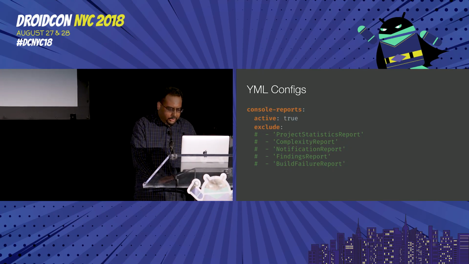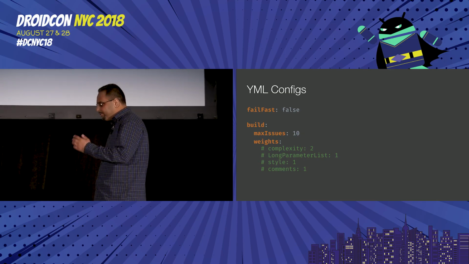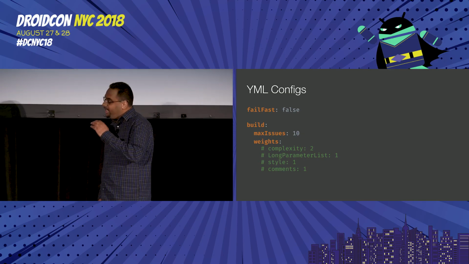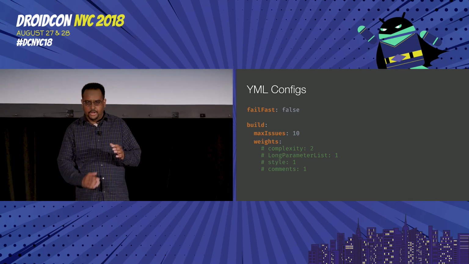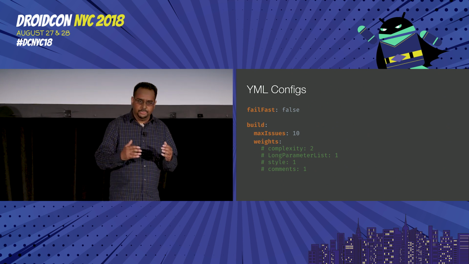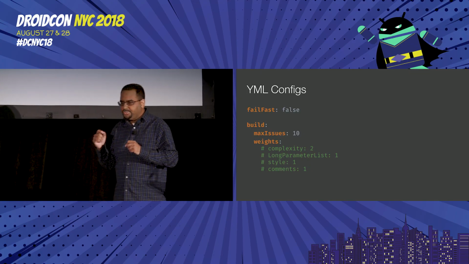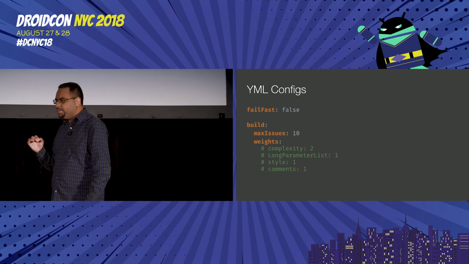Another important thing, which is really, really important, is that you could set a maximum number of issues. So if there are 10 or more issues that fail, your build is going to break, right? You're going to have to fix those issues. I'll speak about how you can integrate that in your workflow. You could also set weights: how important are certain rules, right?